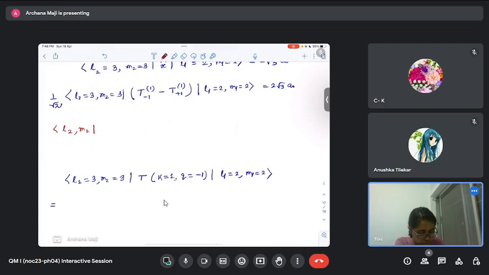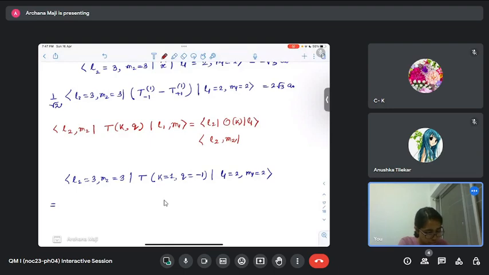L2 M2 spherical tensor with rank k, q, L1 M1, this is actually equal to, so it was given in the tutorials, L1 times the Clebsch-Gordan coefficient L2 M2, K L1, sorry, M1 M2 or M2 M1, K L1 Q M1.